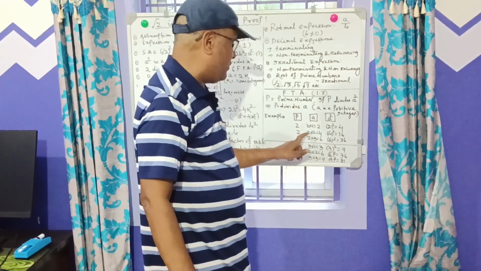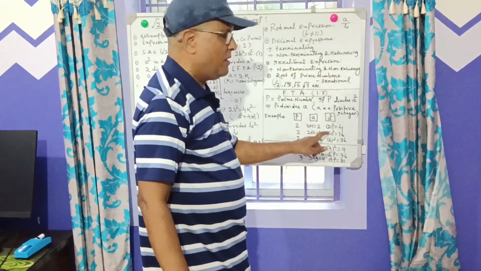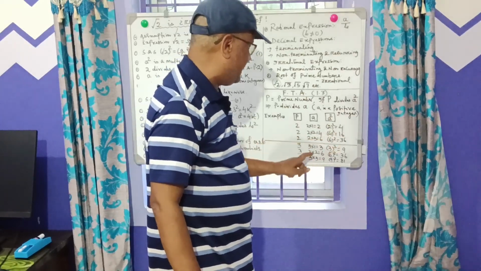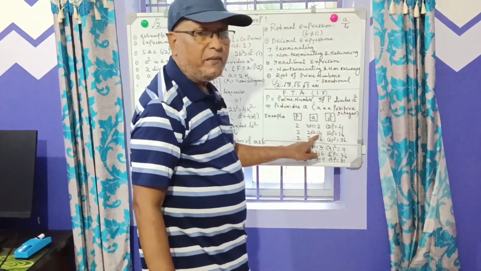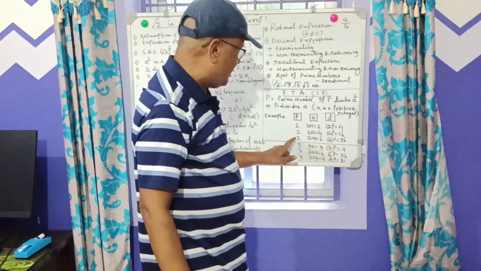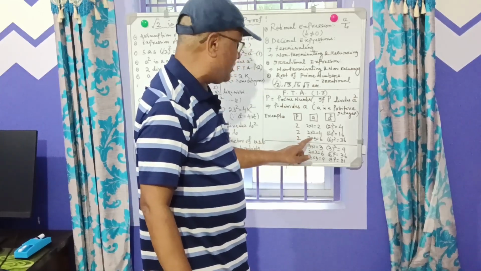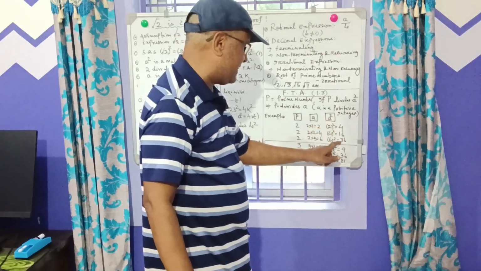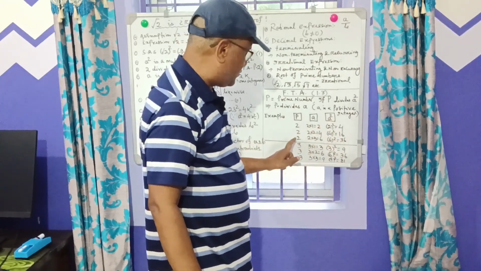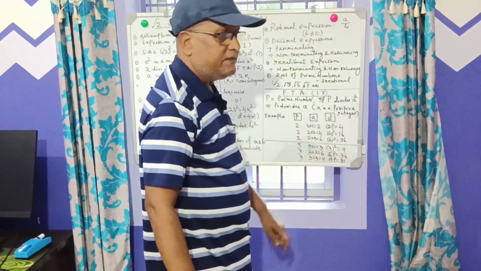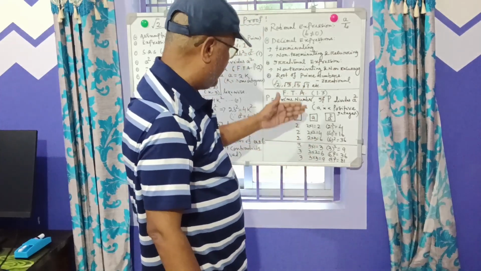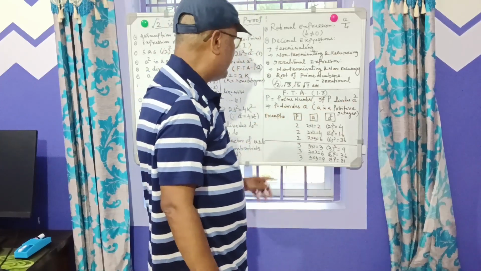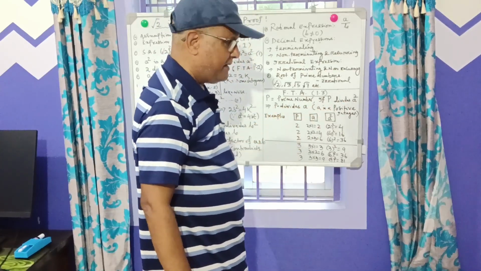Now 2 multiplied by 2 is 4, 4 square is 16. 2 divides 16 and 2 also divides 4. Now 2 multiplied by 3 is 6, and 6 square is 36. 2 divides 36 and 2 divides 6. So we got the proof that when P divides A square, P also divides A.